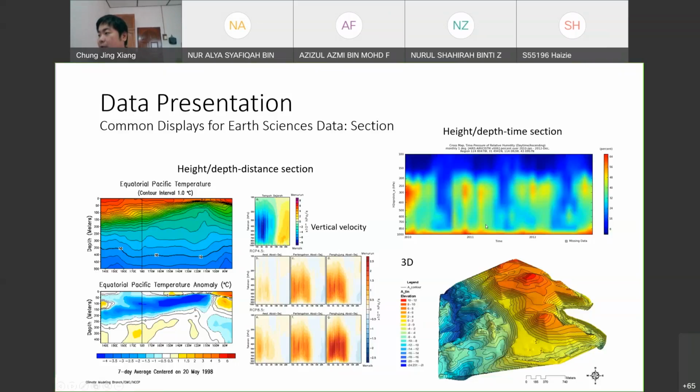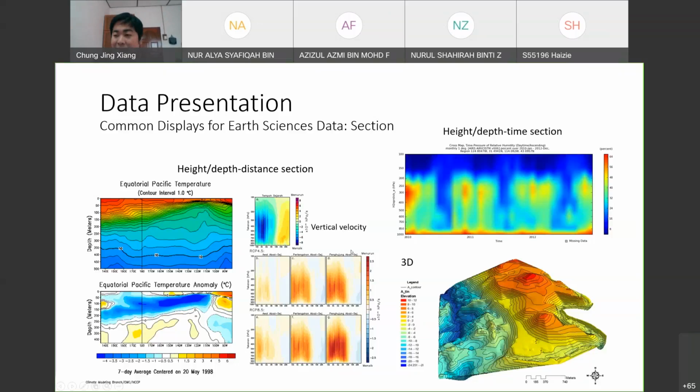In this situation you can use rainbow because the negative is a cold color and the positive is a warm color, but it still looks like rainbow. If the color is warm, it means something going downward. If it's blue, it means going upward. So you have a pattern like this, you have contour like this.